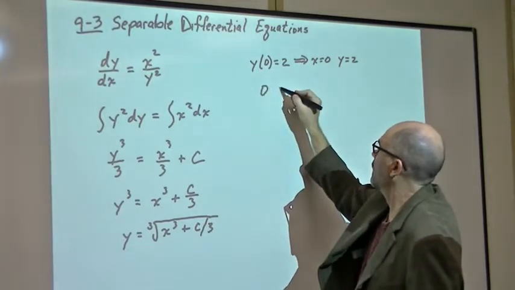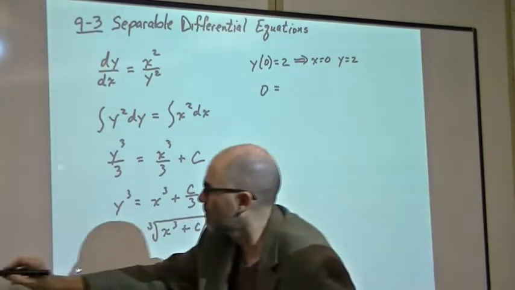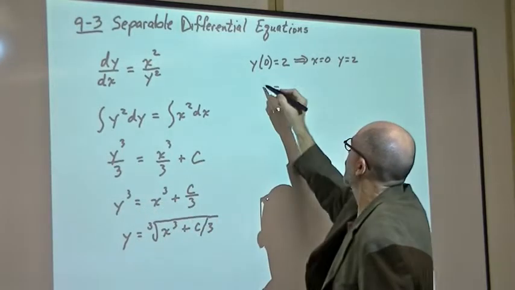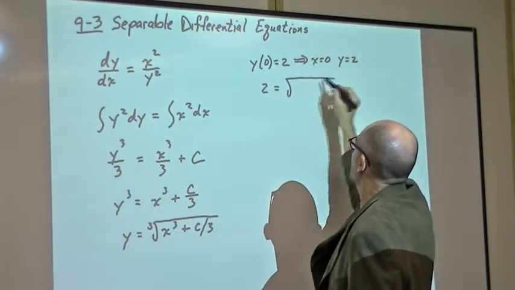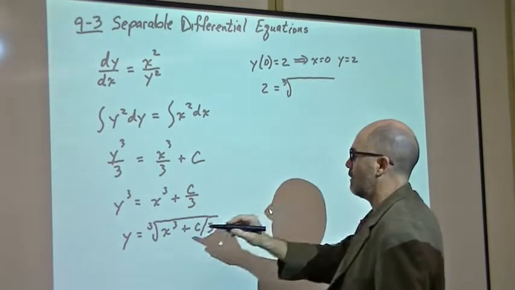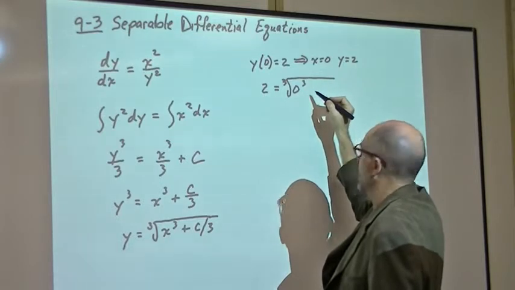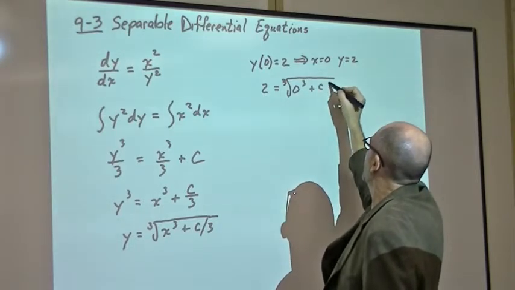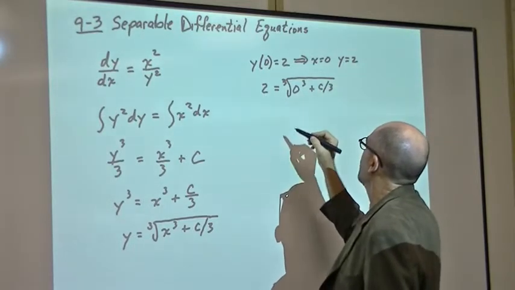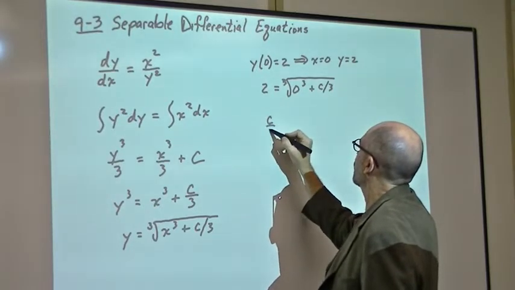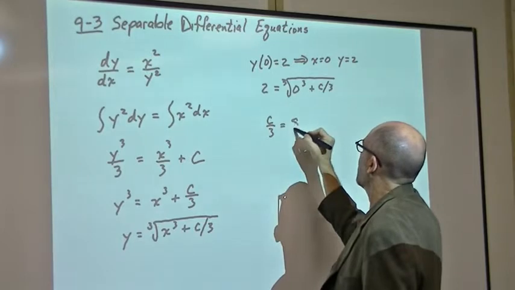So 2 equals the cube root of 0 cubed plus c. We'll just cube both sides, so c equals 8.